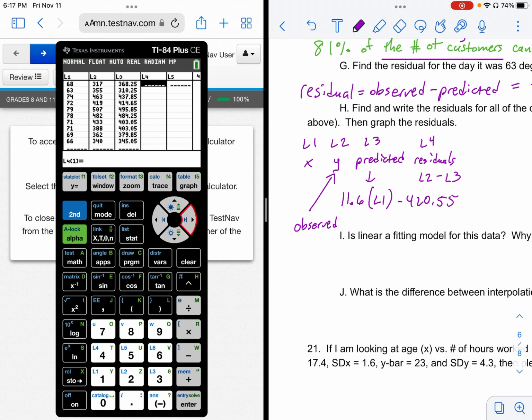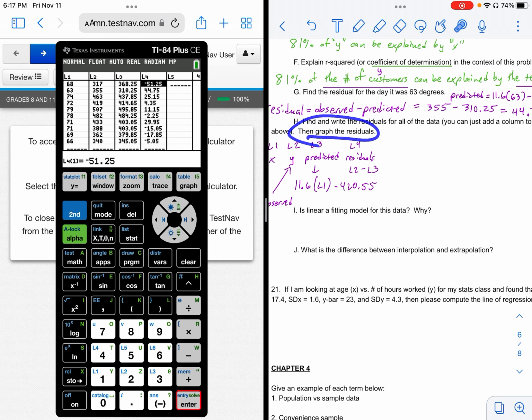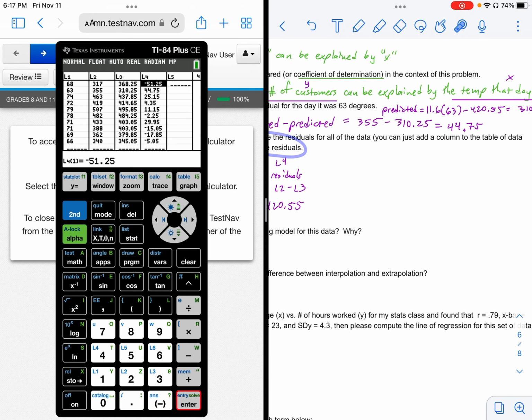And immediately there's all my predicted values. My residuals will be the observed value, list 2, minus list 3. Go up to L4, L2 minus L3. Boom, there's all my residuals. So that's find and write the residuals. I just found them all. Then graphing them is really just a scatter plot.